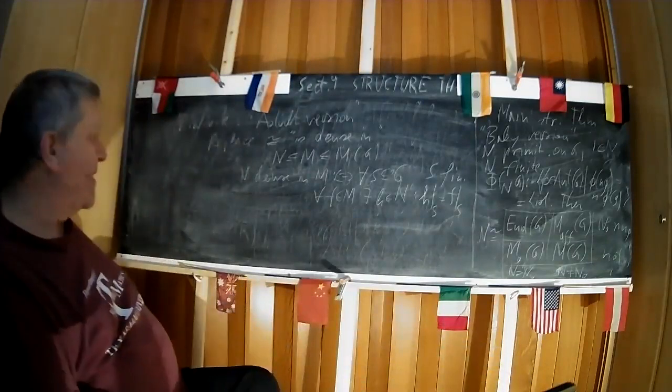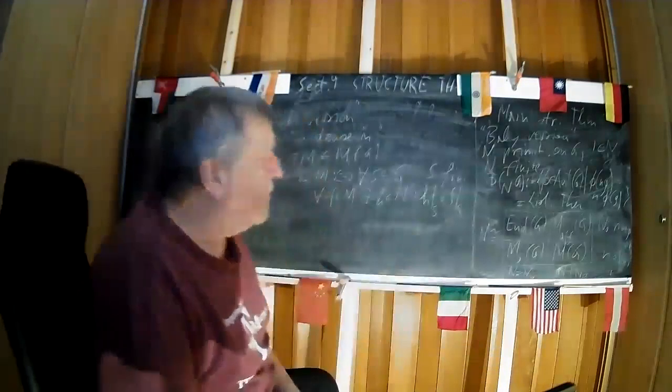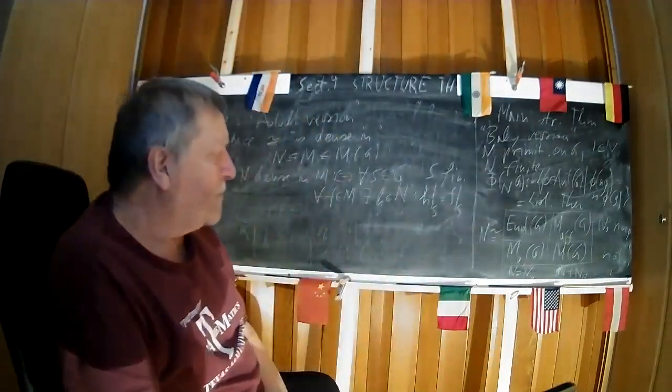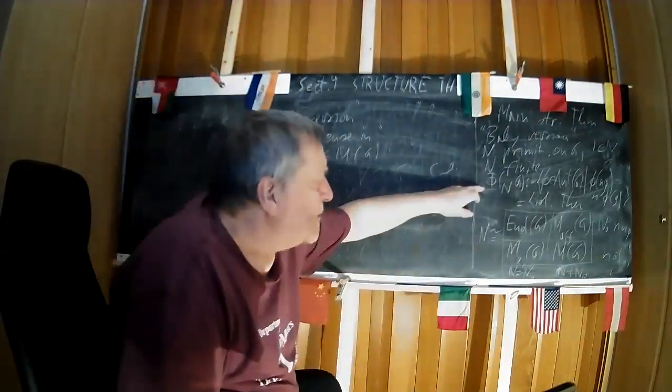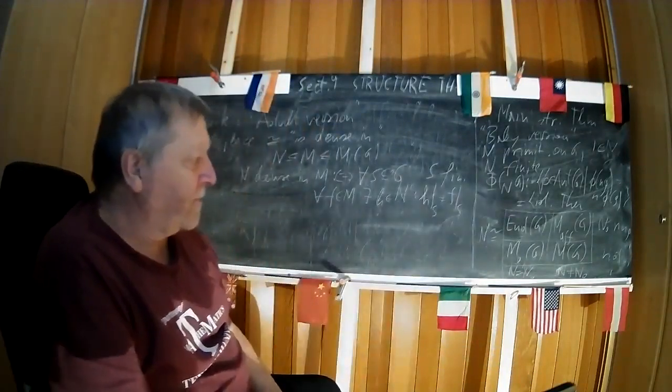So the next thing is, we have done this with the finite case. What happens if phi of mg is not the identity?